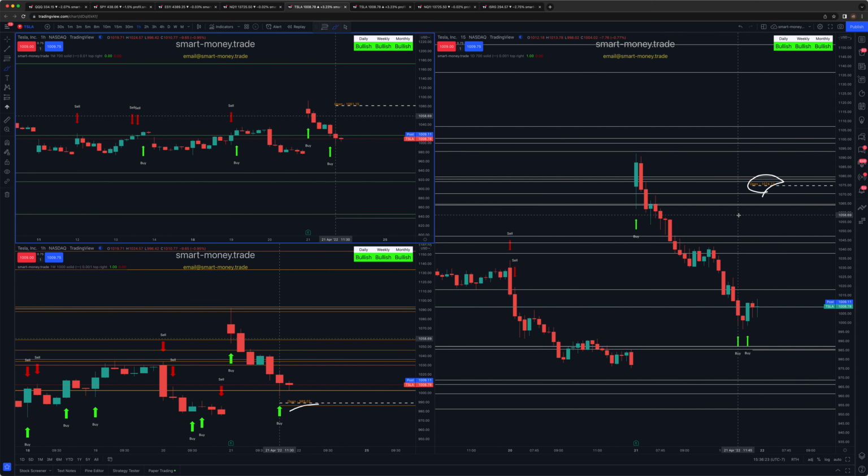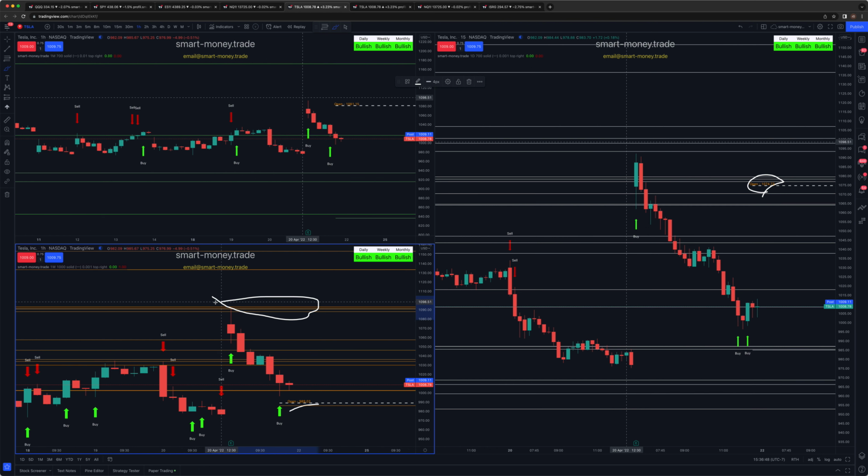Now, looking at it here, there are three levels on smart money, which is 1076, 1077, 1078, whatever, and 1079. Three levels. Coming back to the weekly, I have these lines here, all of this.